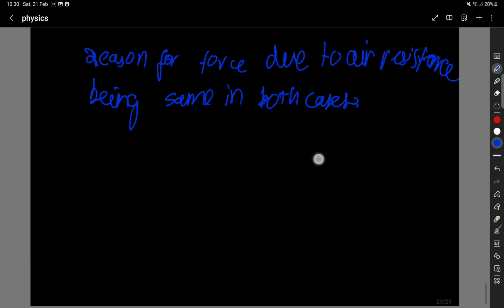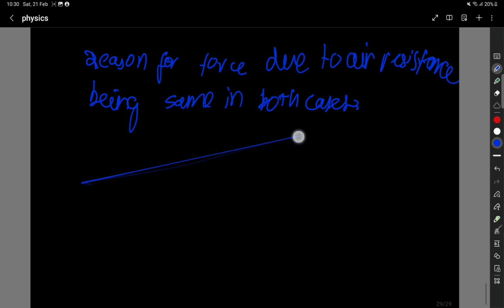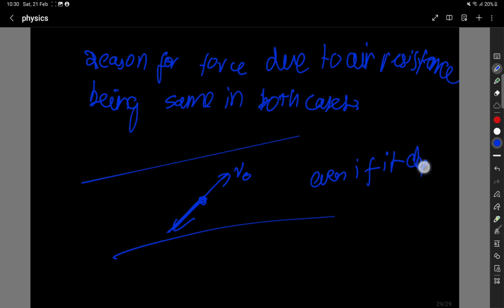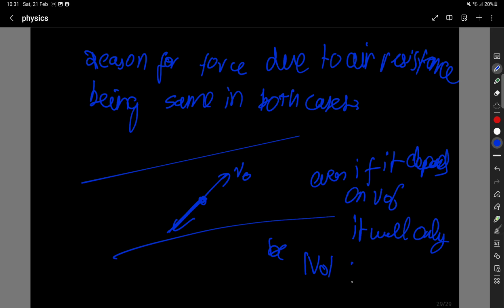That is because, let's say this is air, so independent of gravity, if it moves like this with speed v0, definitely the air resistance will be in this direction. And even if it depends on v0, it will only be mod v0.